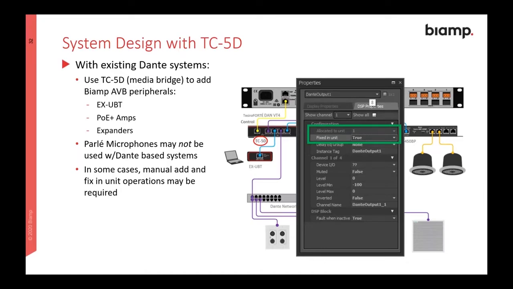So I don't know if you've had situations where you created a file and compiled it, and the compiler tends to suggest some mix of equipment. And the reasoning behind it is to offer you the most cost-effective solution for the layout that you've built. And keeping in line with that, when you try to do that with a TC5D, it will tend to suggest an AVB option.